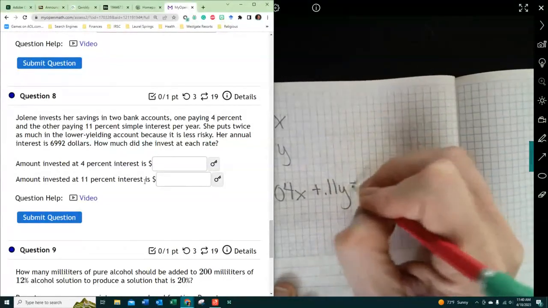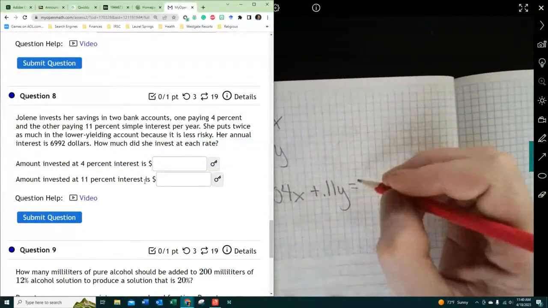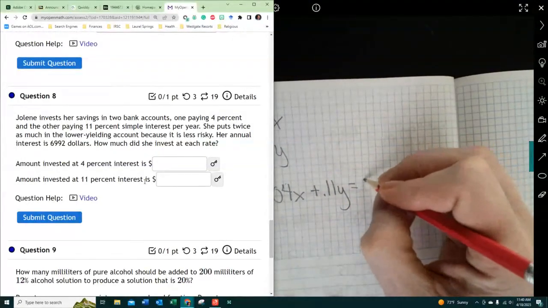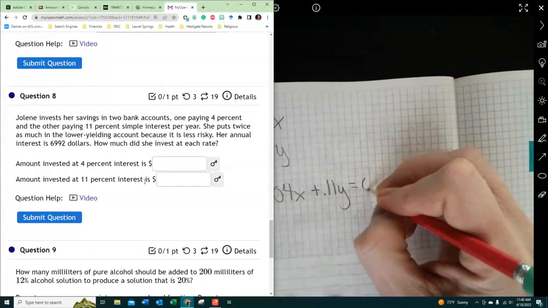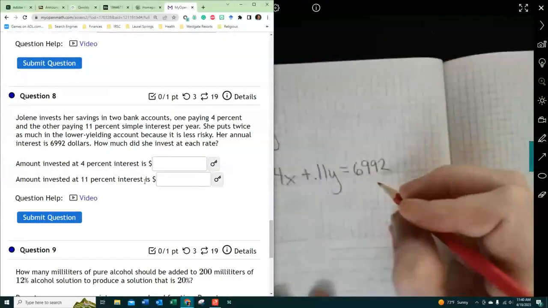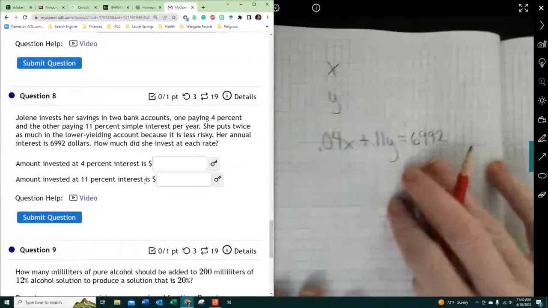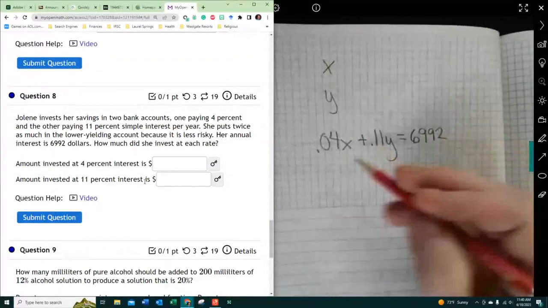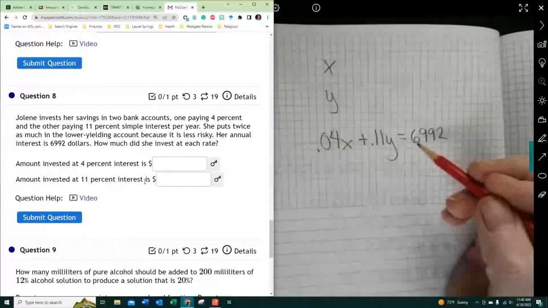And then it's going to give her a total value of interest of $6,992. We know this equation is going to be one of the equations.